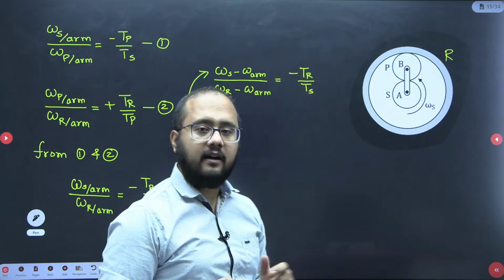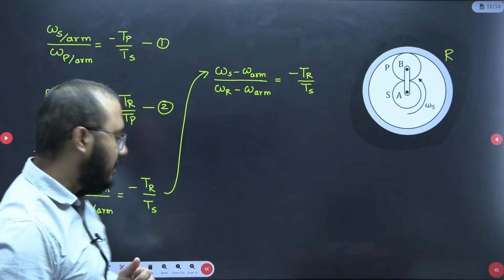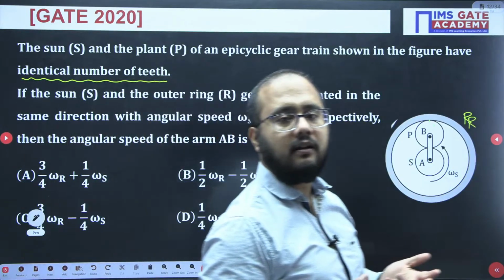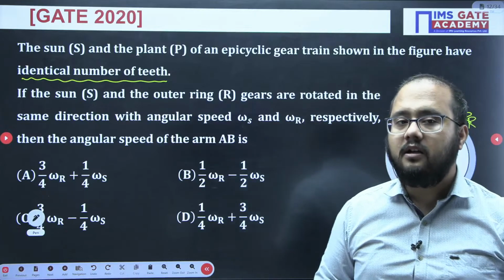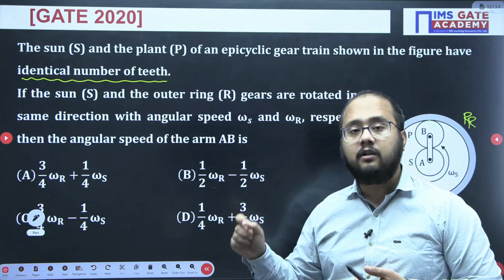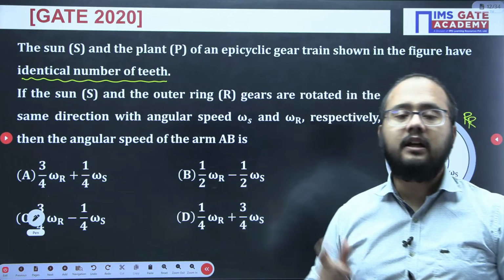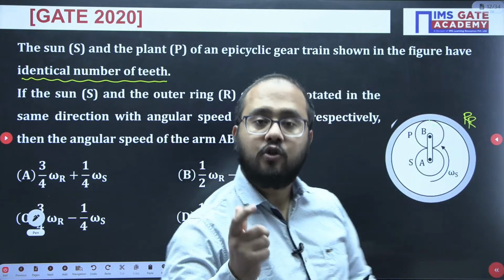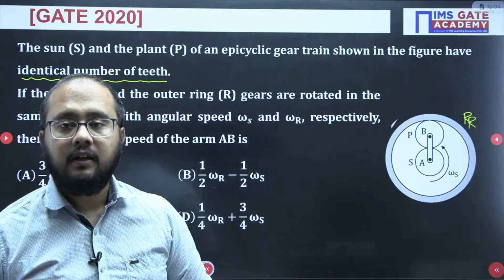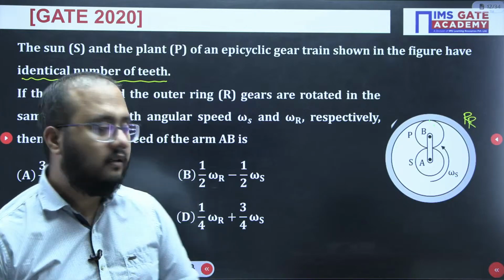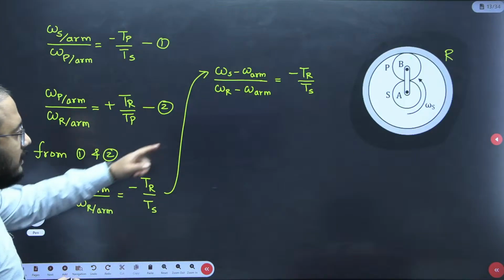TR and TS are coming, but if you look at the options given in the question, there is no mention of TR and TS. So we have to eliminate TR and TS also. In order to eliminate them, there should be some relation between TR and TS.